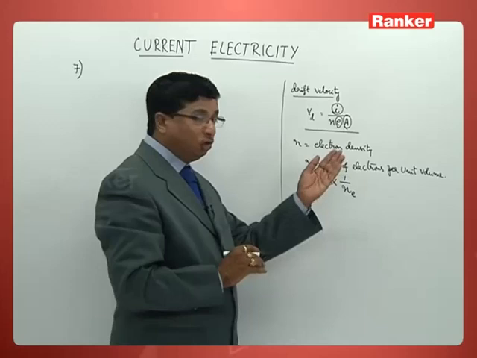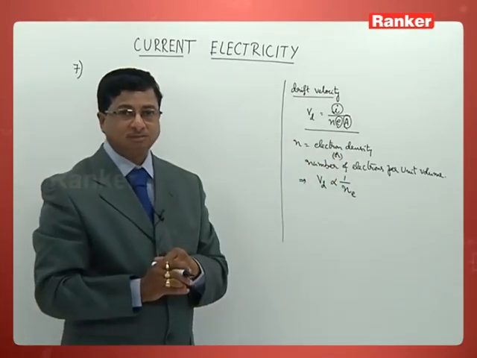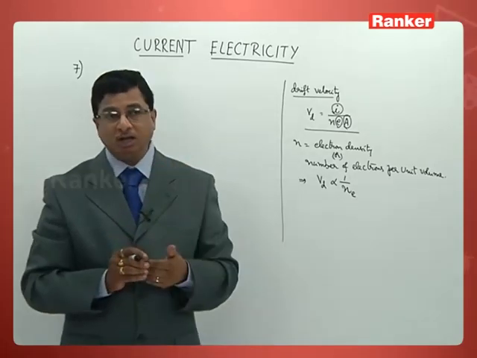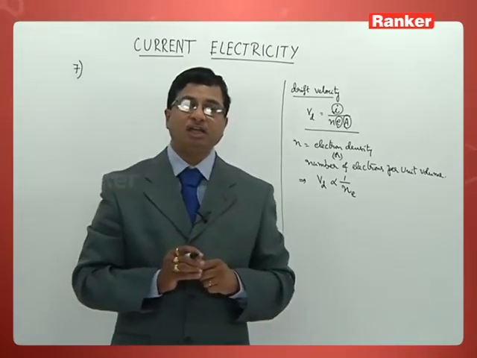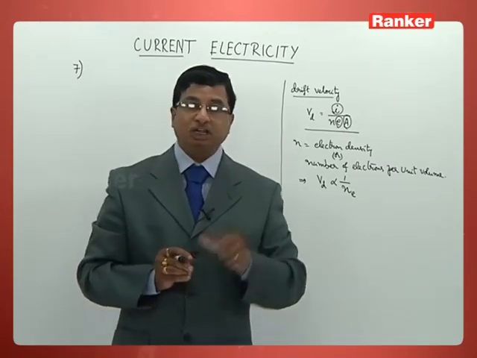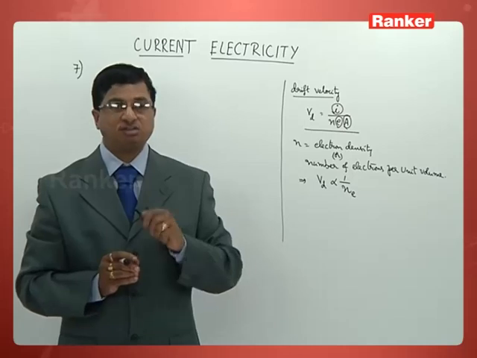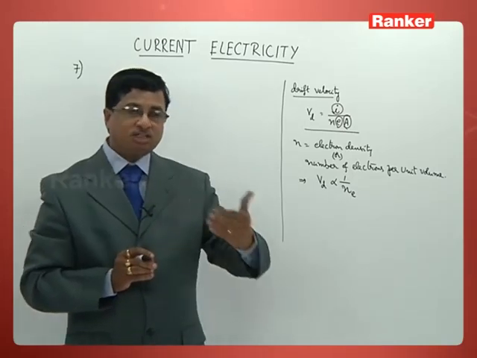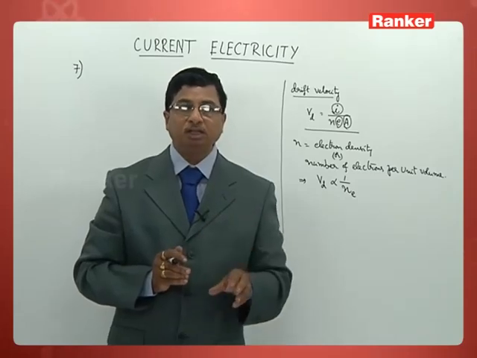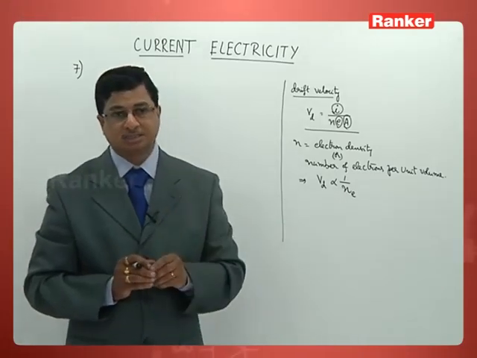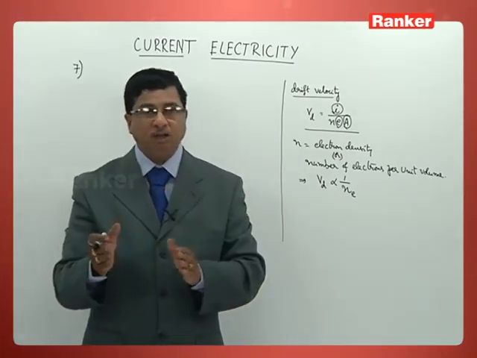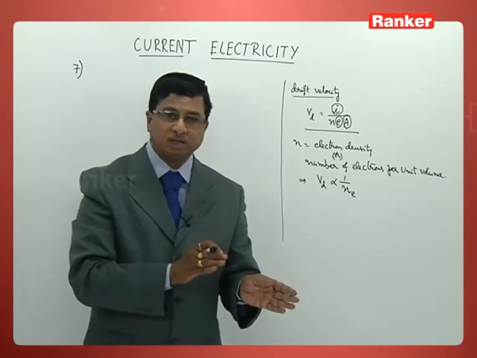If it is due to hole motion, the movement of holes, in fact you all know well, even a hole is nothing other than the deficiency of an electron. It is treated to have positive charge. The deficiency of an electron is called a hole. You find holes mainly in the case of semiconductors. So in a semiconductor, electron current will be there, hole current also will be there.